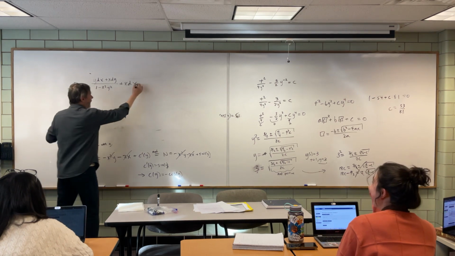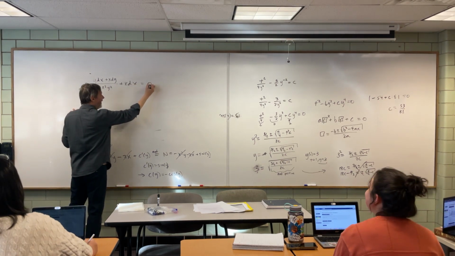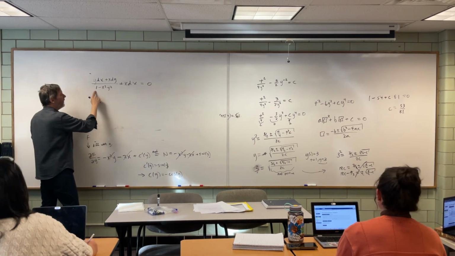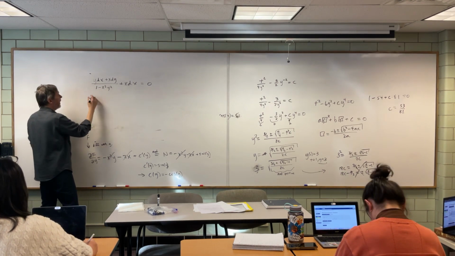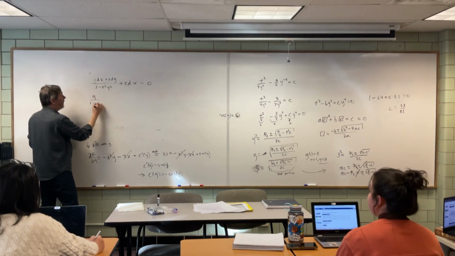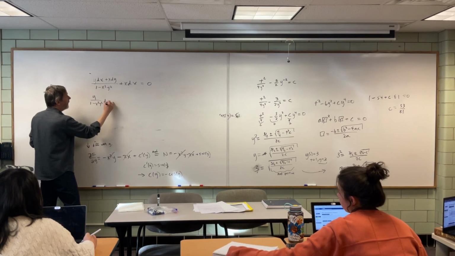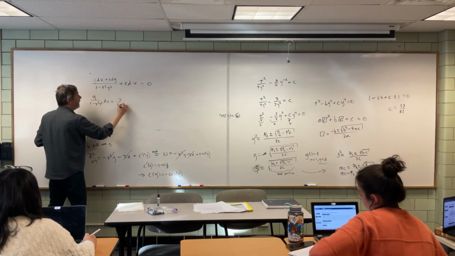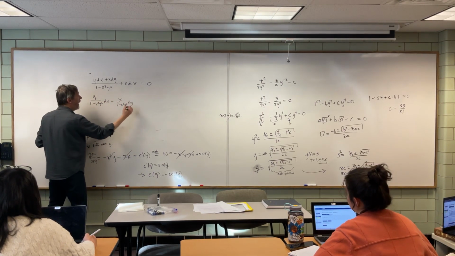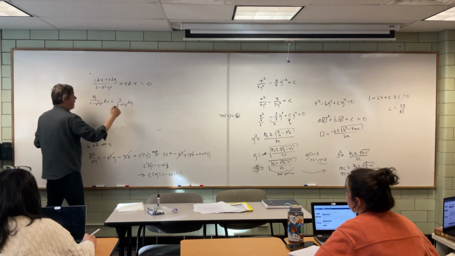So I multiply, and that equals 0, is that correct? Yes. Okay, beautiful. First thing I would do is break this apart, so we've got y over 1 minus x squared y squared dx plus x over 1 minus x squared y squared dy equal.